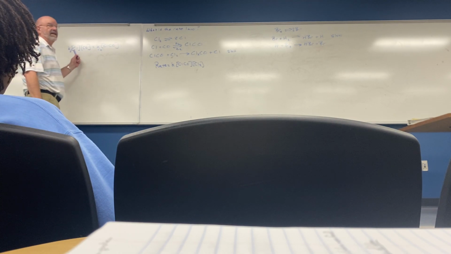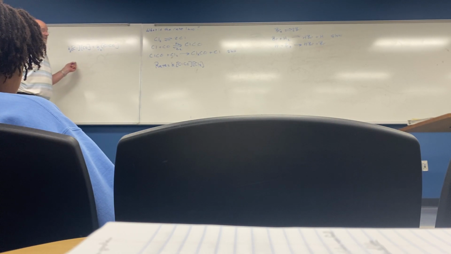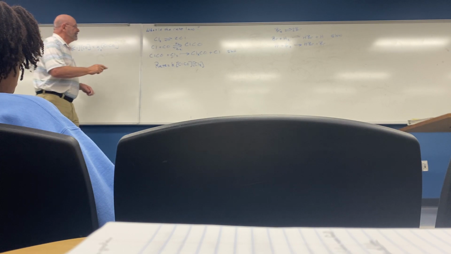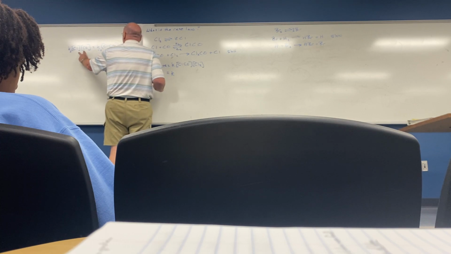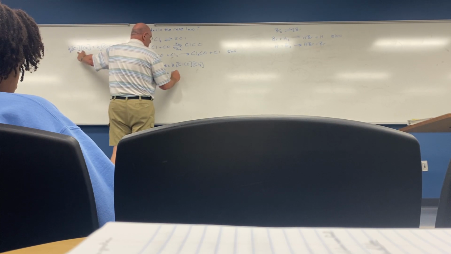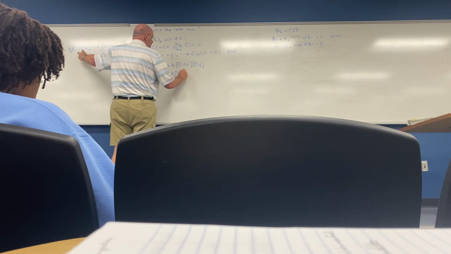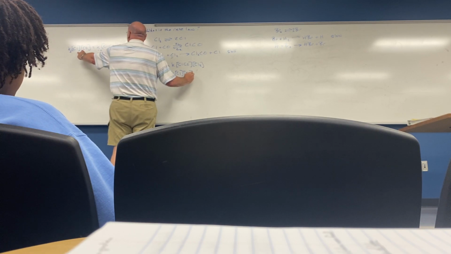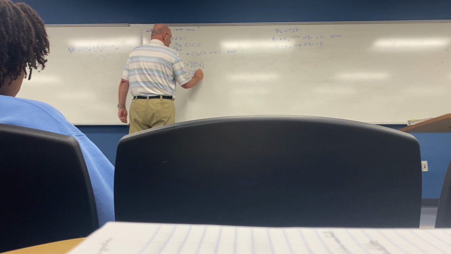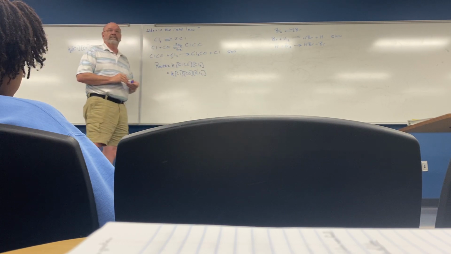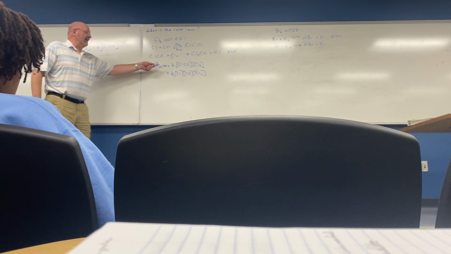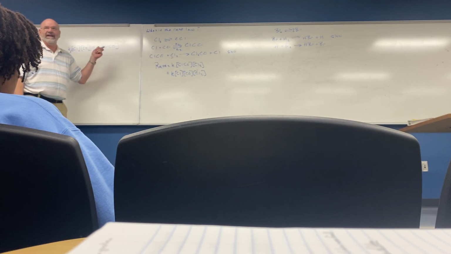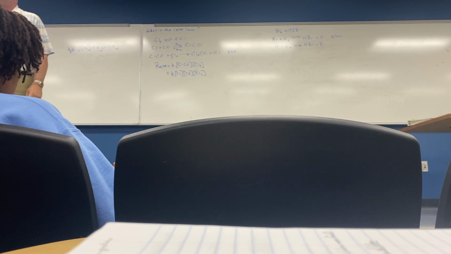So now I can substitute in, right? I realize this K is actually this K plus this K divided by that K, but whatever, they're all Ks. So we'll just ignore them.